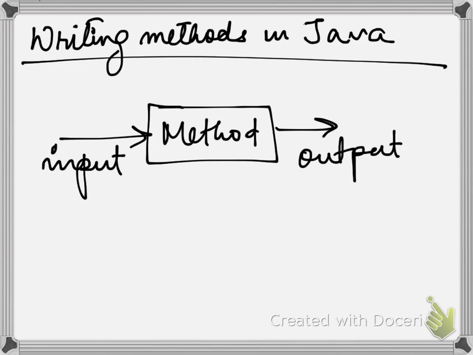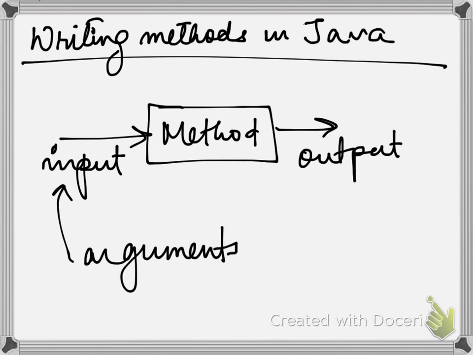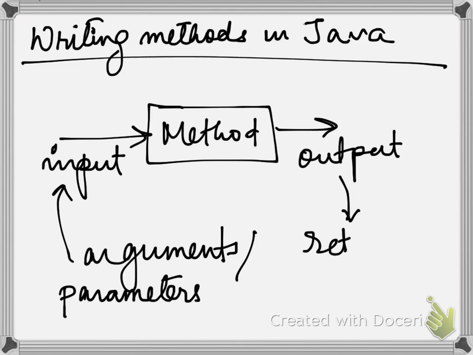In programming terminology, the input that we give to a method is known as arguments. You can give one or more arguments. Sometimes these are also called parameters. And you can get some output, and this is known as your return value.